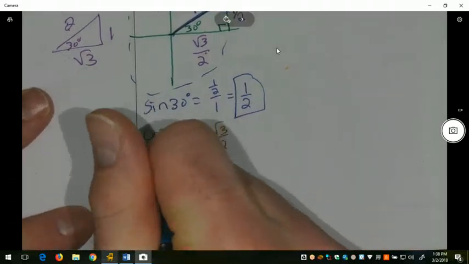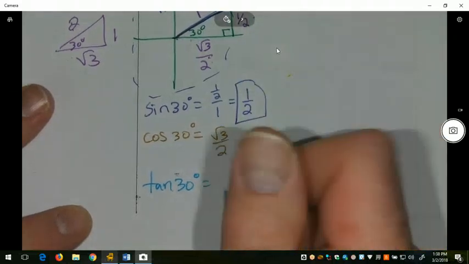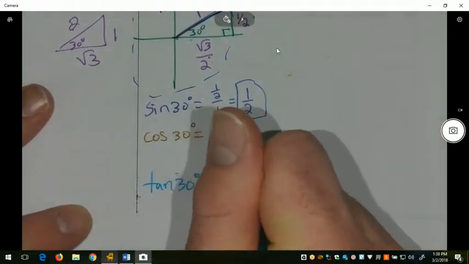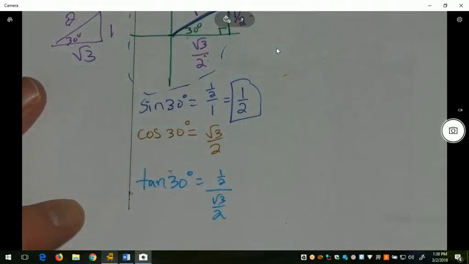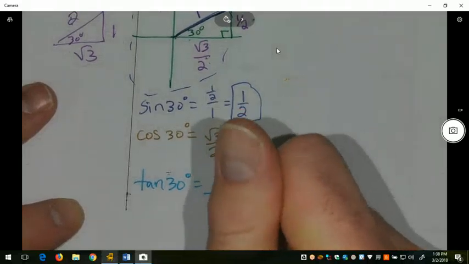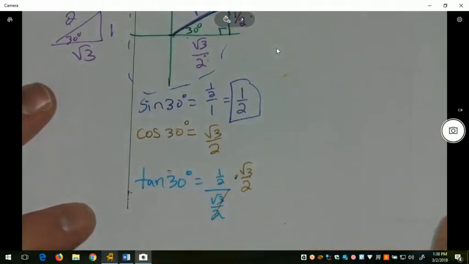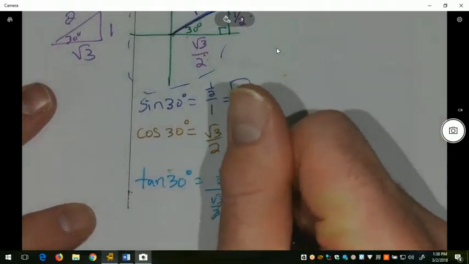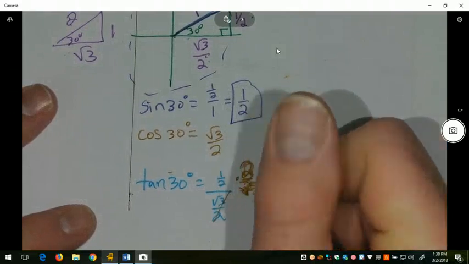And tangent of 30 degrees is opposite over adjacent. So 1/2 divided by square root of 3 over 2. How do you divide by a fraction? You multiply by its reciprocal. So instead of dividing by square root of 3 over 2, we're actually going to multiply by 2 over square root of 3, because we have to multiply by its reciprocal.